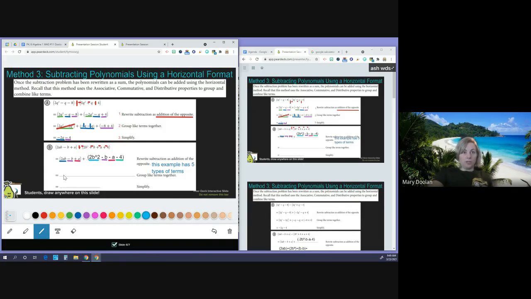Now we can only group together like terms. So since there's 5 types of terms, my answer may have 5 terms in it if nothing cancels out. So we're going to type that all out.